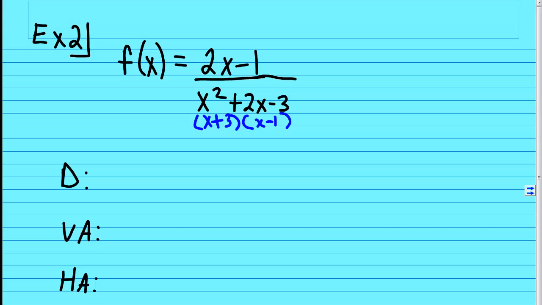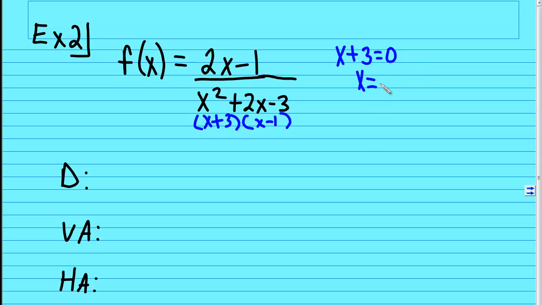Example 2. It's important that we factor the denominator in order to be able to find the domain. The factors of x squared plus 2x minus 3 are x plus 3 and x minus 1. We set each factor equal to 0 and solve.